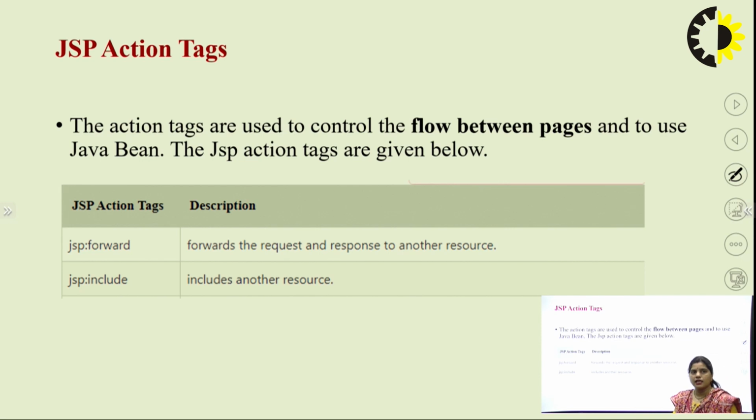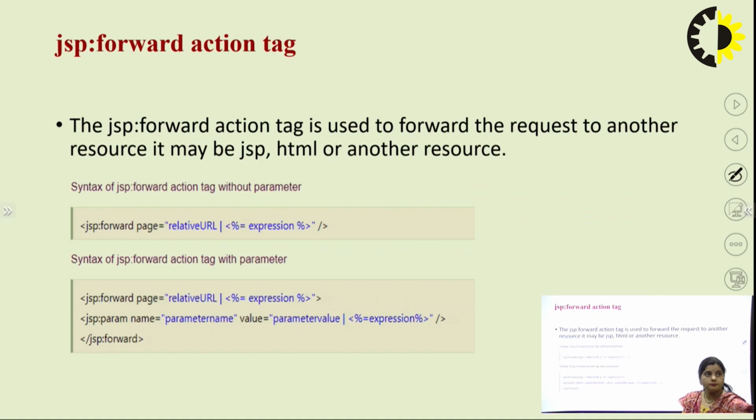Now next is JSP action tags. Basically these action tags are used to control the flow between the pages and to use JavaBeans. There are two JSP action tags: first is forward, second is include. The JSP forward action tag forwards the request and response to another resource, and JSP include includes another resource. The forward action tag is used to forward the request to another resource, which may be JSP, HTML or any kind of resource.